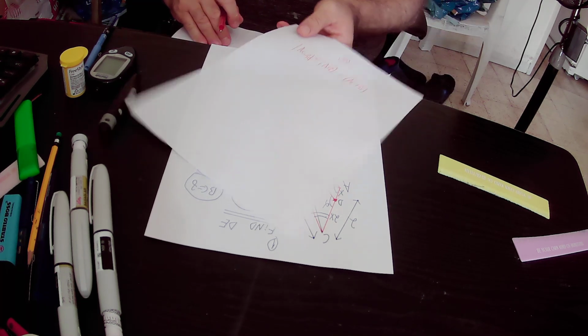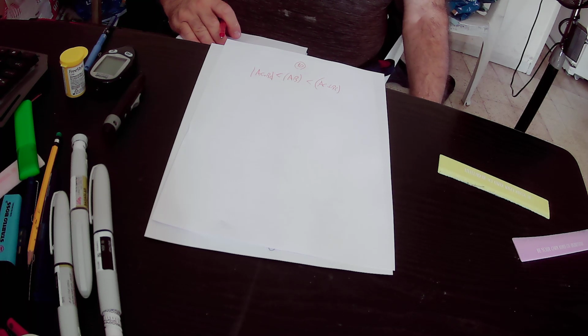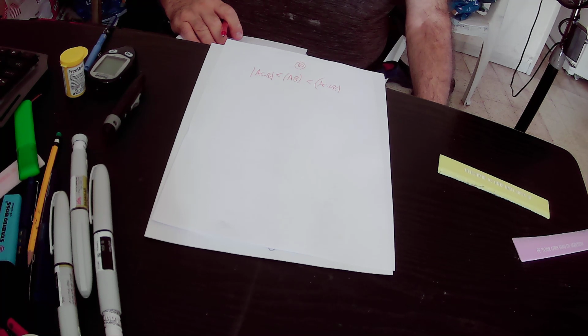Again, side AB of triangle ABC is smaller than AC plus BC, and it is greater than the absolute value of AC minus BC.